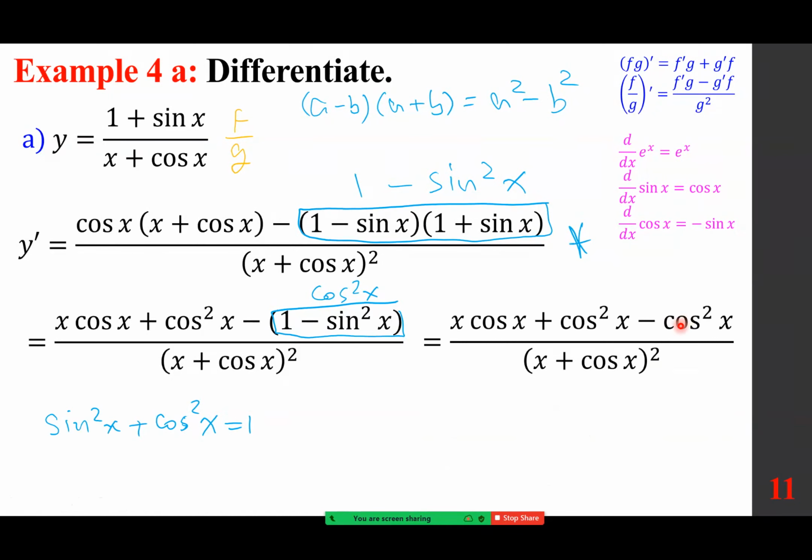Cosine squared and minus cosine squared, they are going to cancel each other. And the numerator is left with x cosine x as the only term at top. And it's done. Again, you don't have to square that because it doesn't do anything. And if they ask you, you do that.